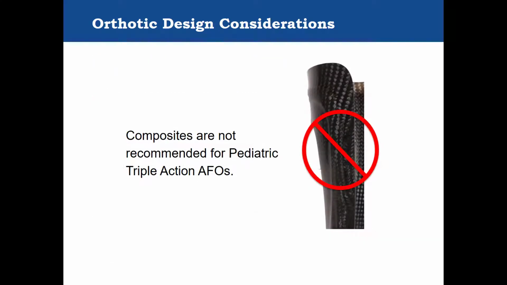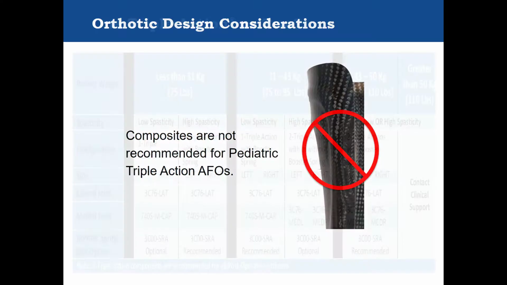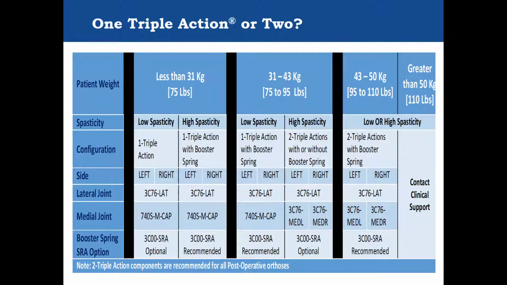The pediatric triple action is not intended for use in composite AFO designs or designs without a companion joint. The decision whether to use 1 or 2 triple action components for a particular AFO design should be based on patient weight, calf circumference, and neuromuscular tone.